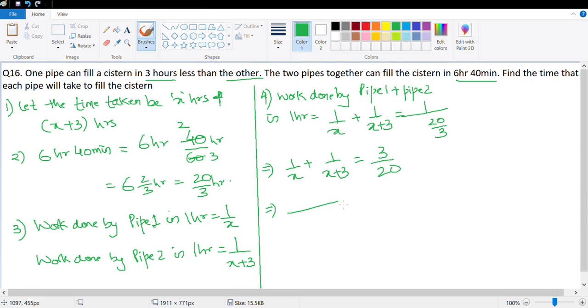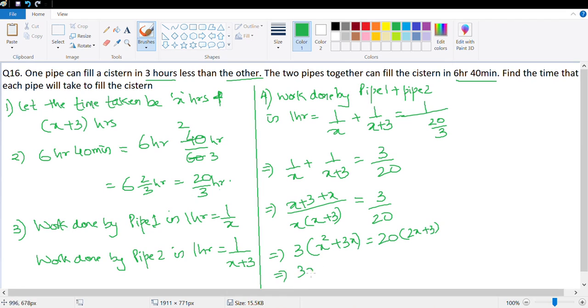Let's take the LCM. LCM will be x times x plus 3. This would be x plus 3 plus x, which would be equal to 3 upon 20. Cross multiplying, we get 3 times x squared plus 3x is equal to 20 times 2x plus 3.